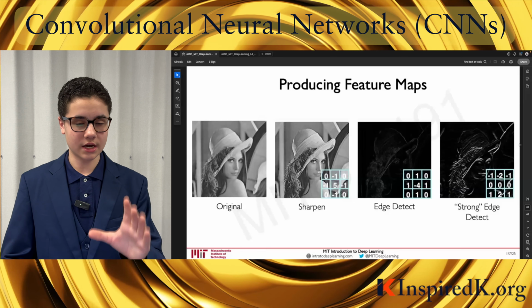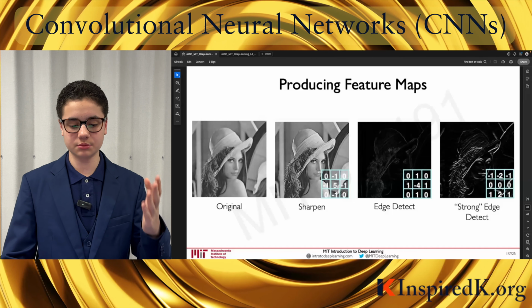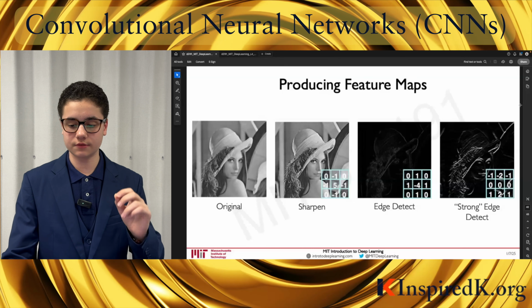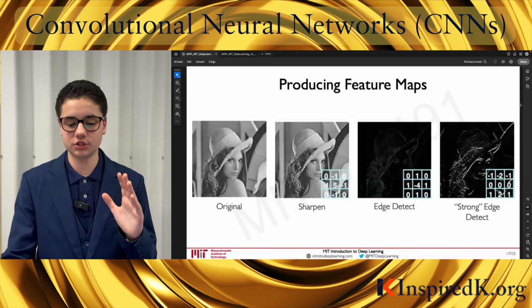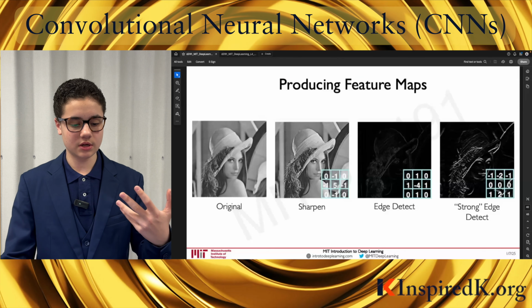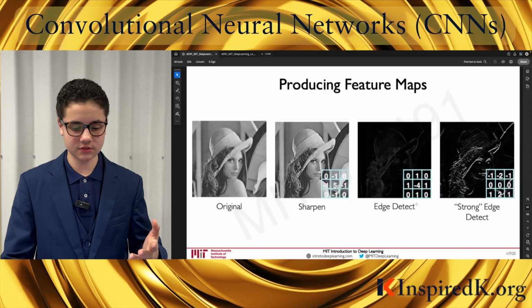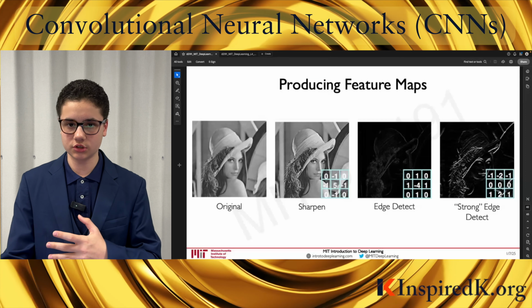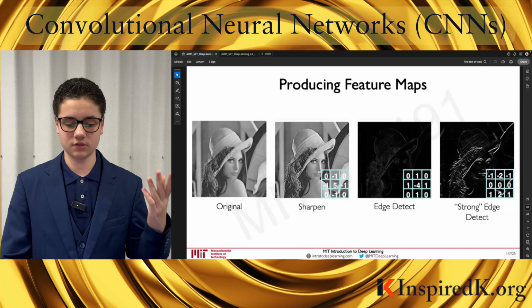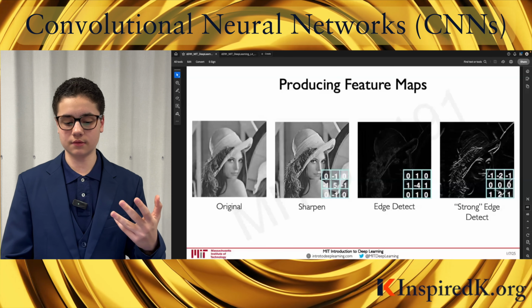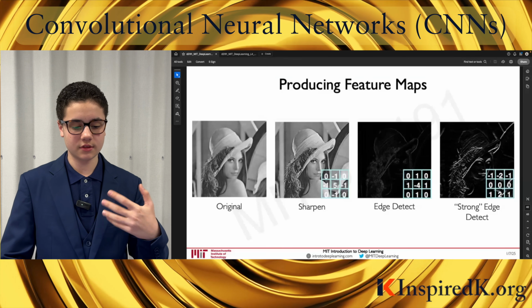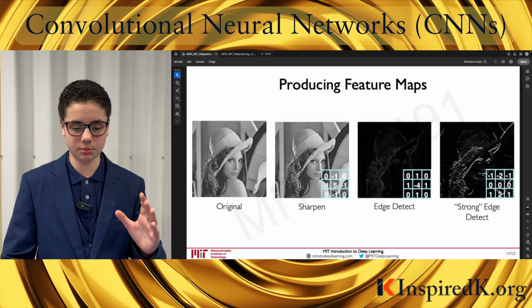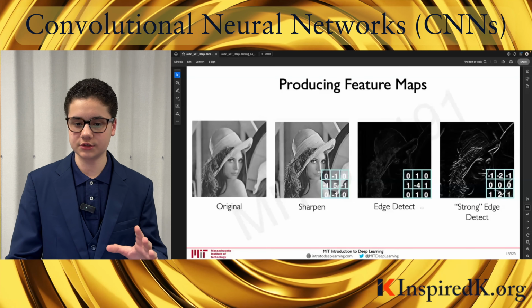Now, this idea of a feature map has been very well experimented with, and there are actually different feature maps we can use on images to perform different tasks. Let's say we have this image of a woman's face, and we want to perform different operations on it. To sharpen the edges in this image, we can use this specific 3x3 filter. We can see that the lines in our image are much sharper, and there is more of a contrast.